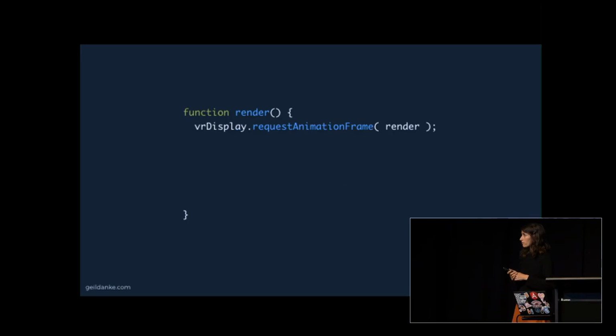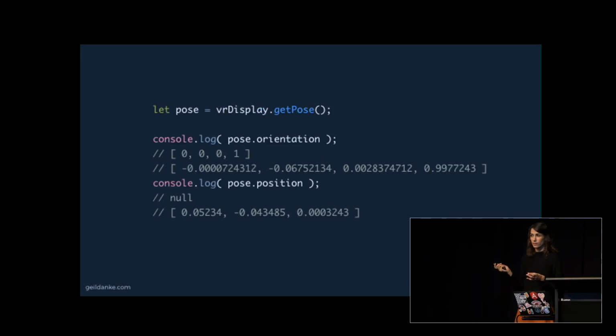Within the render loop, we are first scheduling our next frame's callback, and then we can update our scene and camera position and rotation, depending on the VR display's tracking sensors. Therefore, we have different interfaces. There is, for example, the getPose method, which returns a VR pose with lots of information of the sensors at the moment.